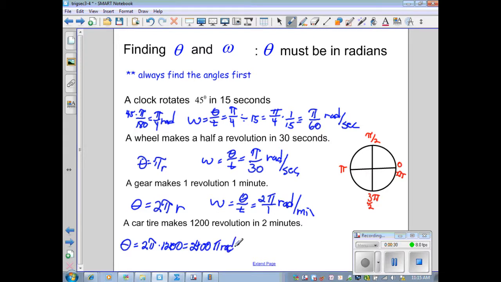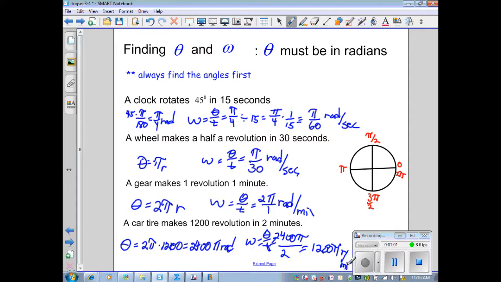Now I need to find my omega. Omega is going to equal theta over t, which is going to be 2,400 pi over 2 minutes. And when I simplify, that's going to give me an omega that is equal to 1,200 pi radians per minute.